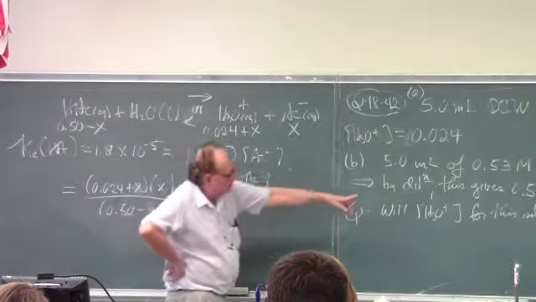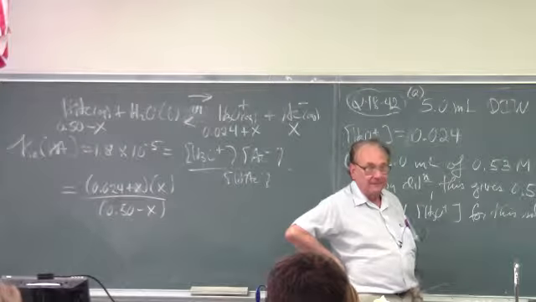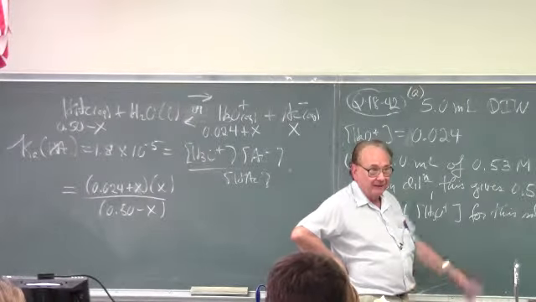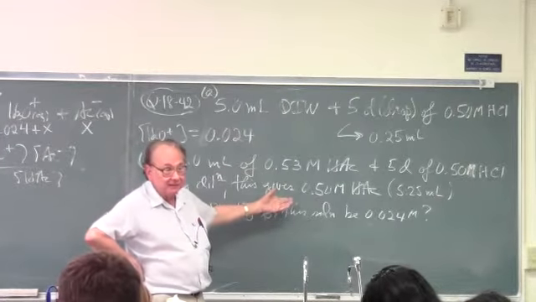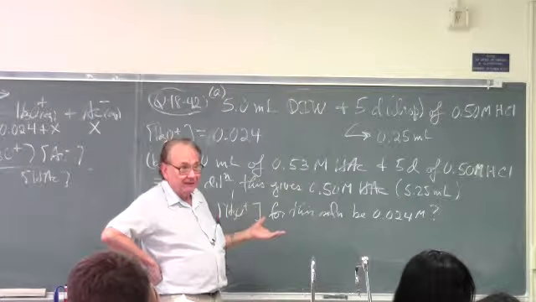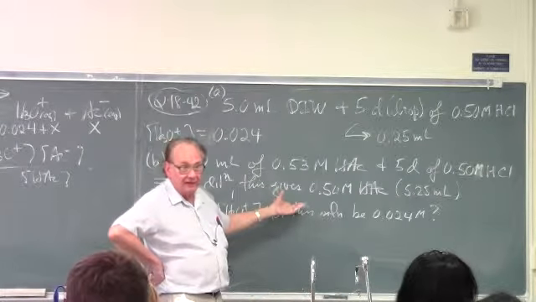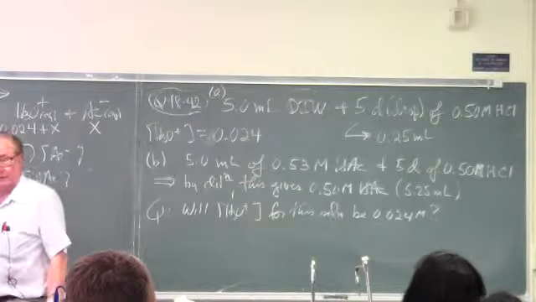You remember initially, what have I got here as principal species besides chloride ion and water? Acetic acid. I've got acetic acid and hydronium ion. That's it, right? I don't have an external source of acetate ion here. I can't get any acetate ion in this system unless this thing goes.